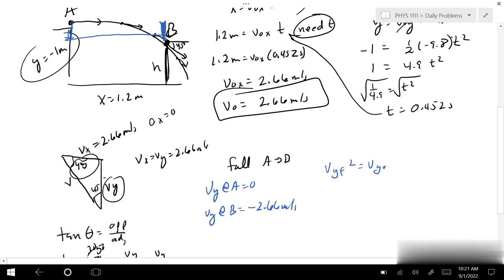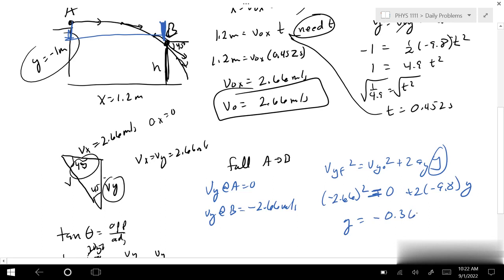So my Vy final squared equals Vy initial squared plus 2 a sub y times y, and I'm trying to find that blue y. So I have negative 2.66 squared, equals 0 plus 2 times negative 9.8 times y. Punch that in the calculator, you get y equals negative 0.361 meters.